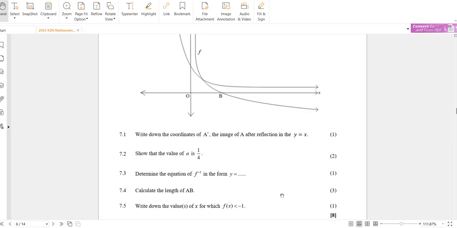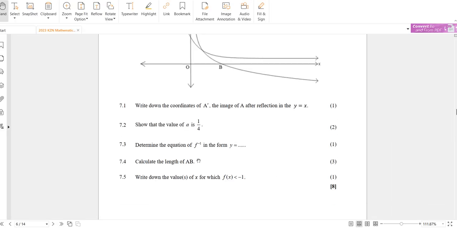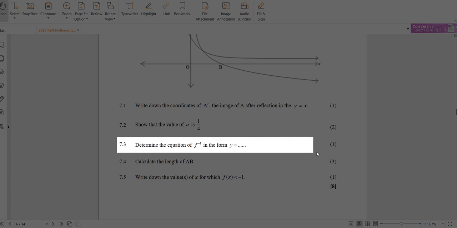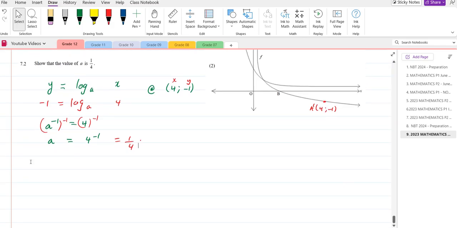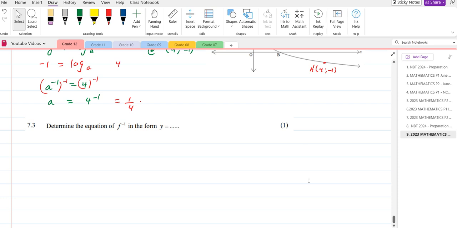which is determine the equation of f inverse. Now that is simple because we already have the equation of f. Remember the equation of f is y equals log x base quarter, right?